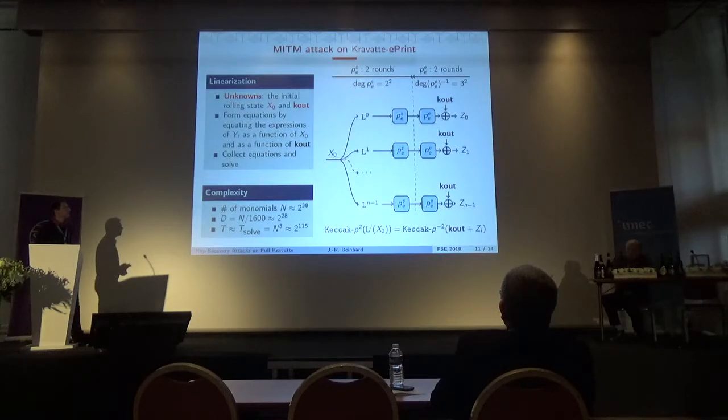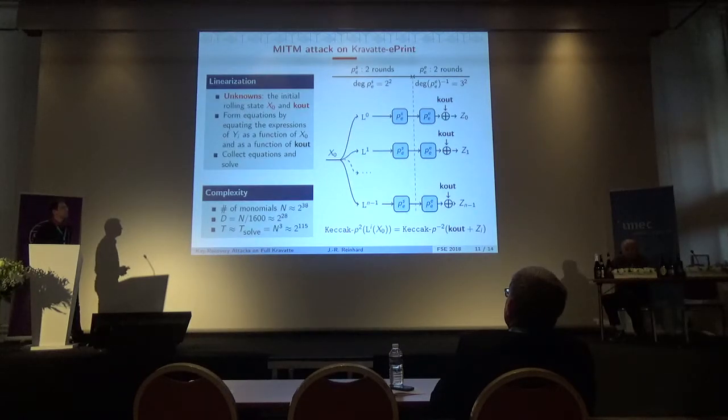And we remark that since the rolling function that diversifies the rolling state is linear, these blocks in the rolling state are pretty much equivalent to the rolling state, and we can form algebraic equations by equating the expression of this intermediate state as a function of the rolling state, and as a function of the output and the key block. So you have equations like this.